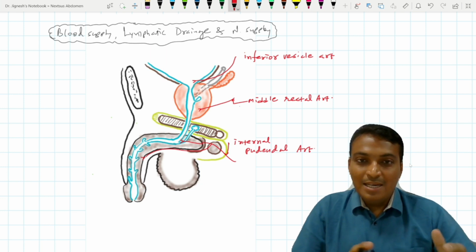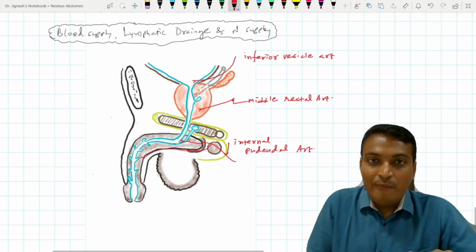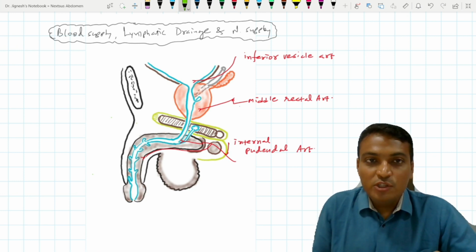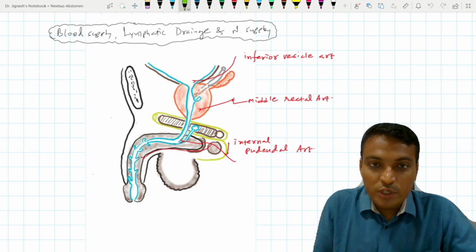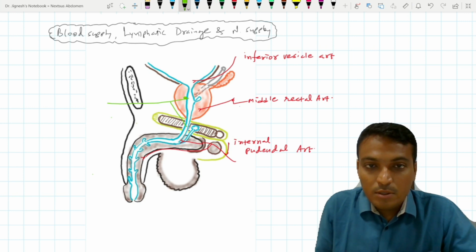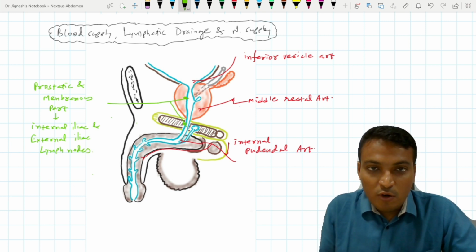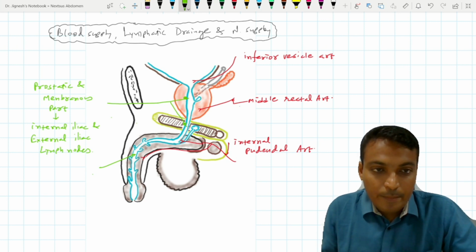Corresponding veins of these arteries drain the blood from the urethra. Regarding the lymphatic drainage, the prostatic part as well as the membranous part of the urethra both drain into the internal iliac and external iliac lymph nodes, while the spongy part of the urethra drains into the deep inguinal lymph nodes.